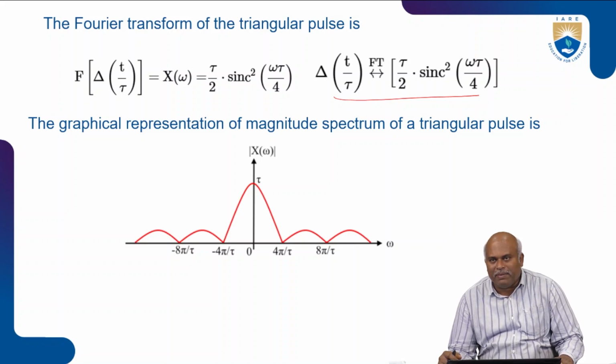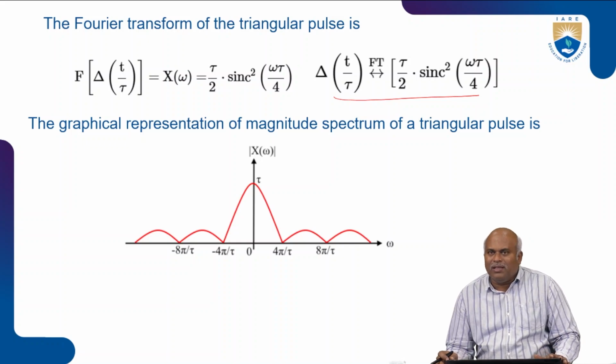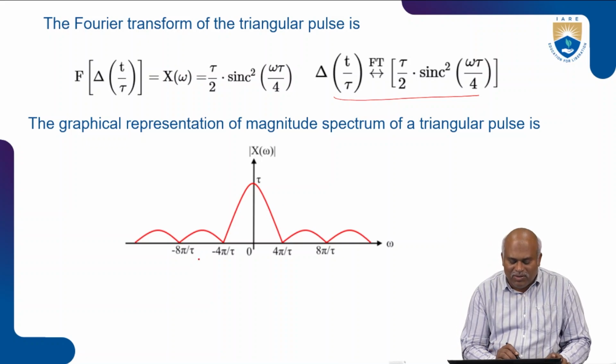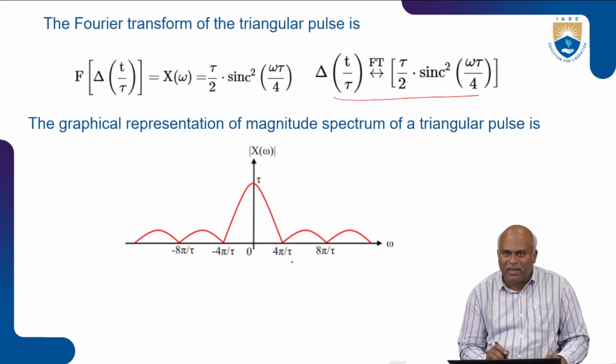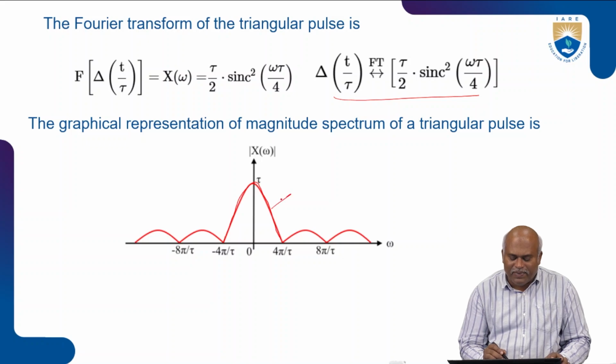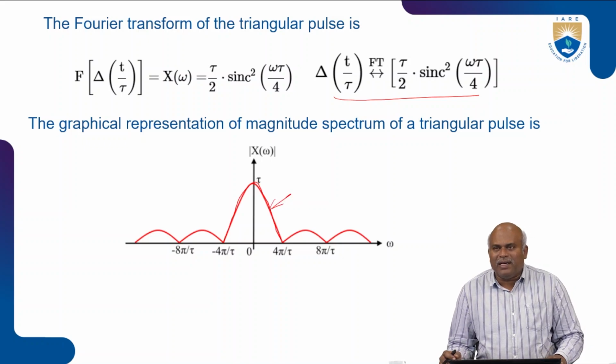The magnitude spectrum of the triangular pulse is represented as mod of H of omega. In this case, the amplitude changes from 0 to 4 pi by tau, as well as on the negative side, minus 4 pi by tau. There is no change in amplitude; we get one bubble shape of magnitude response in the triangular pulse.